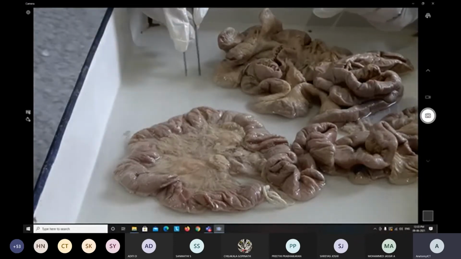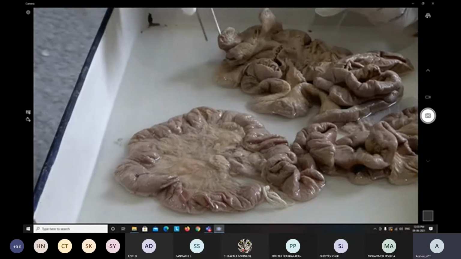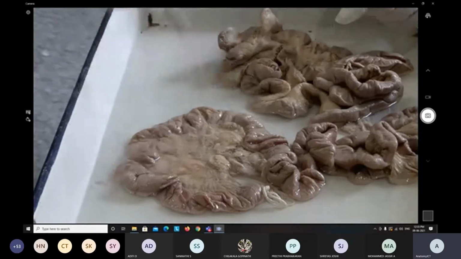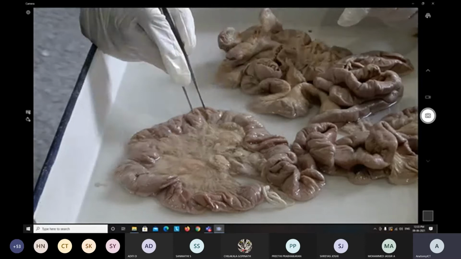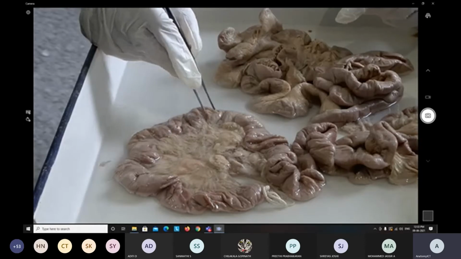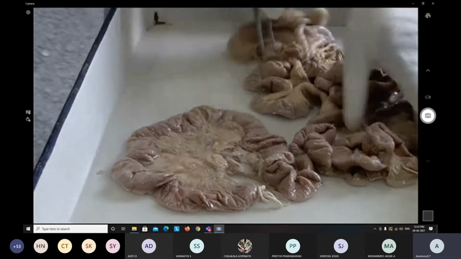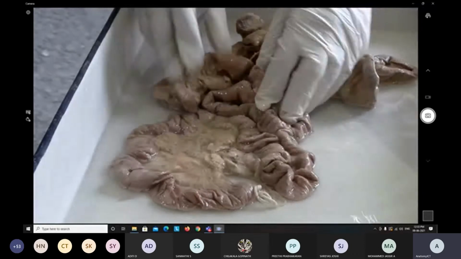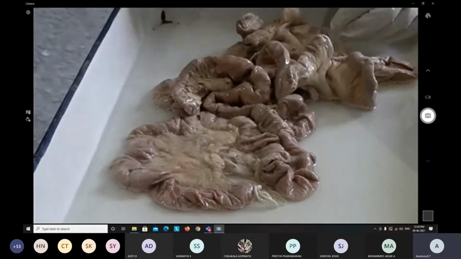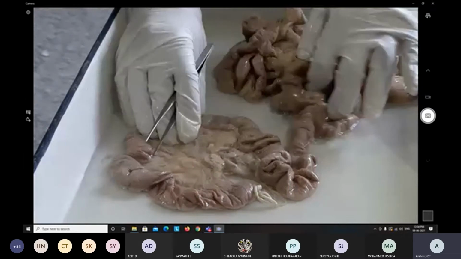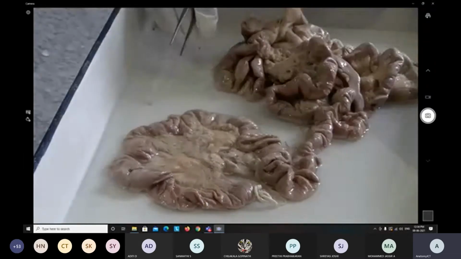If you know the development of the intestine, then you will know that this process is exactly over here. And the inferior relations are the whole coils of the jejunum, which are situated like this. Those are the inferior relations of the third part of the duodenum.